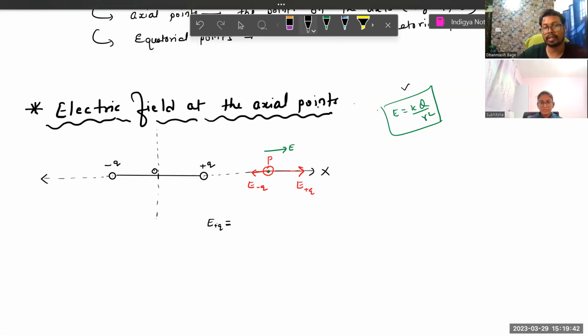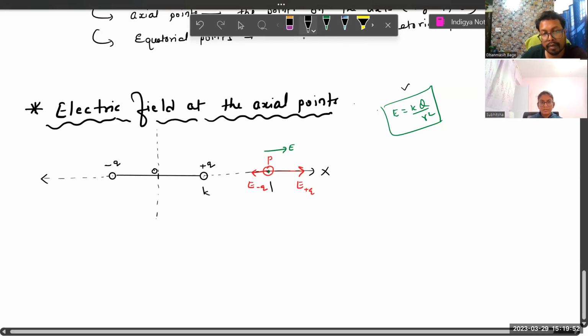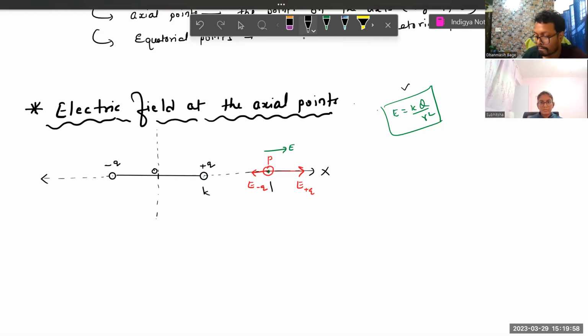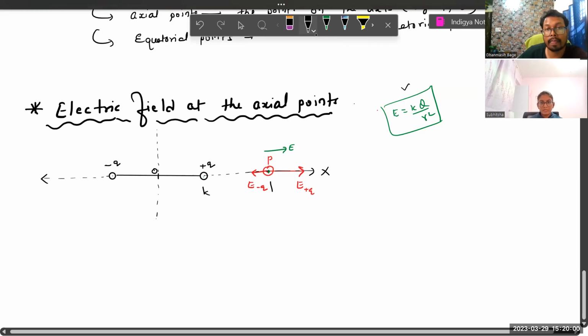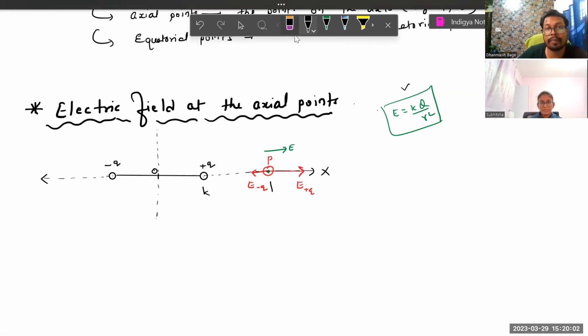One thing I didn't give you. Just a second. Here, all the distances will be measured from the origin because we have chosen our origin at the midpoint. Let us say that this point is at R distance away.